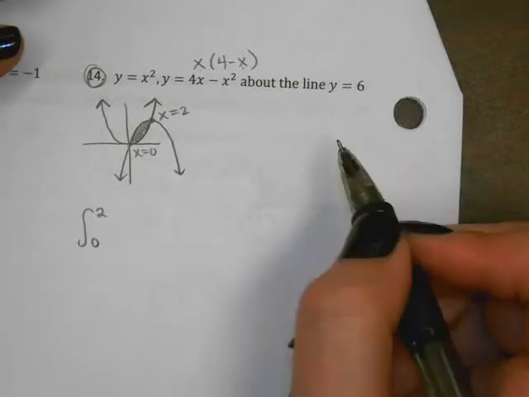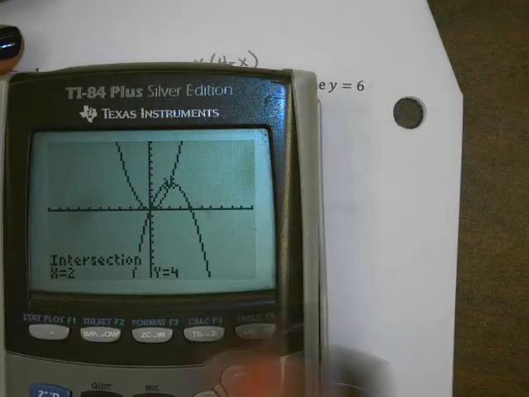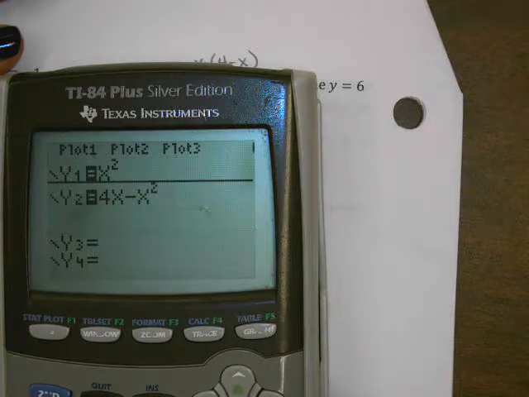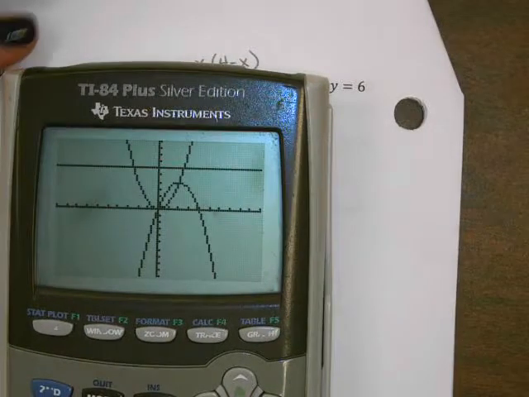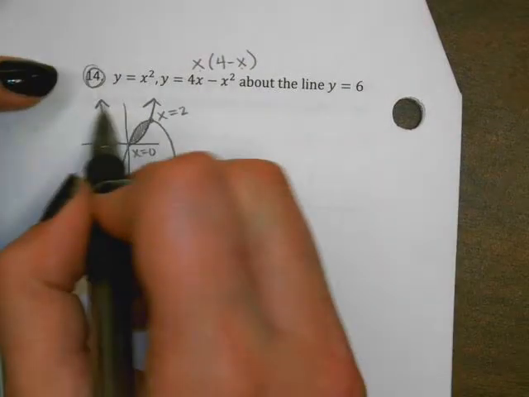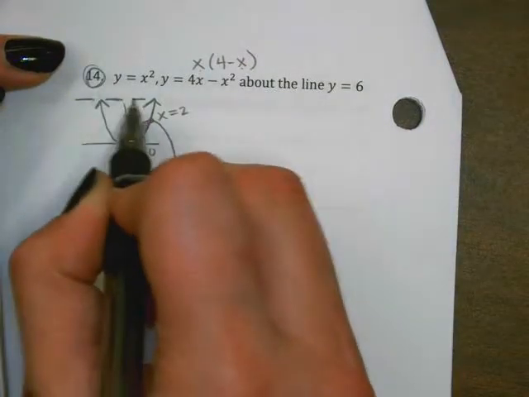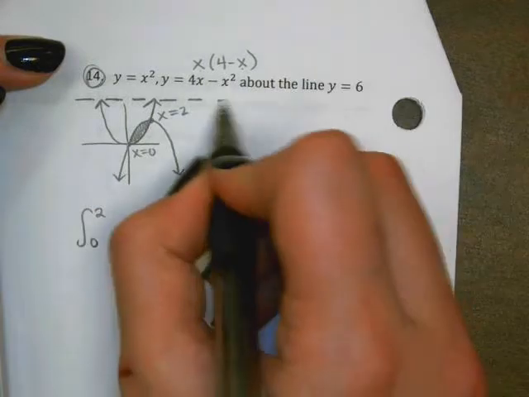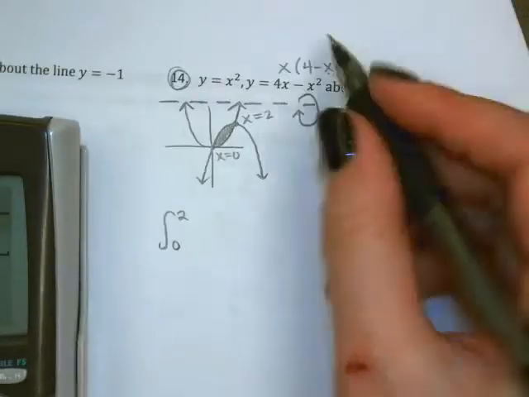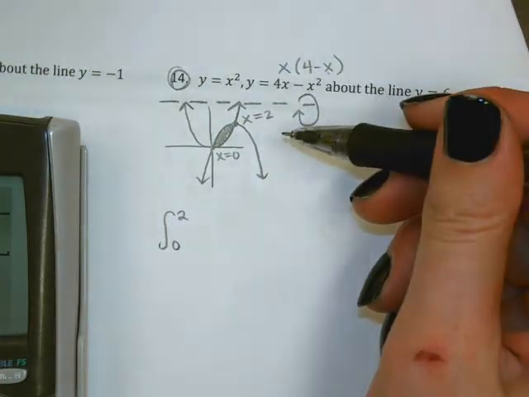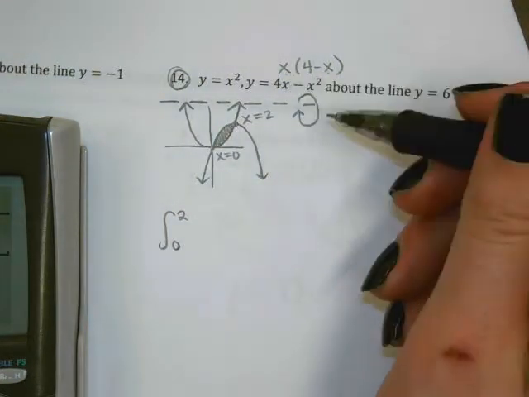It says the line y equals 6, and I can graph this one. I can't graph vertical lines, but I can graph horizontal lines. So the axis of revolution is actually up here. I wanted to show you this one so you could see what happens if the axis of revolution is above what you're doing.